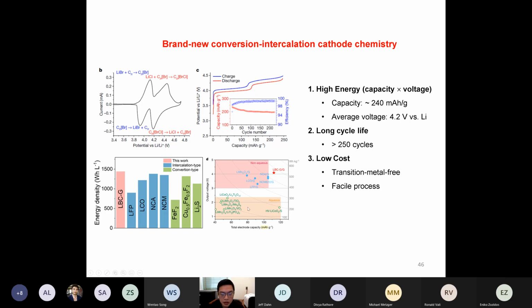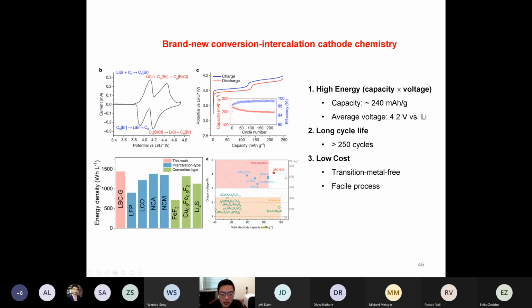So in the end, we can actually build a full cell with this cathode and the graphite anode. How we run this graphite anode in the aqueous system is another story. I actually published a 4-volt aqueous battery paper on that. But it's more like a trick we played.